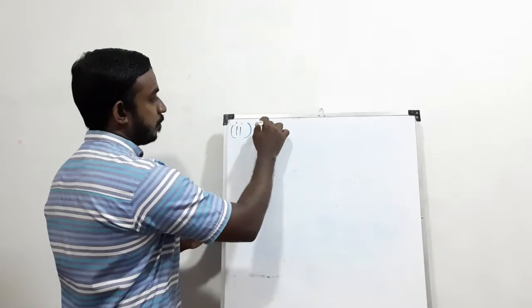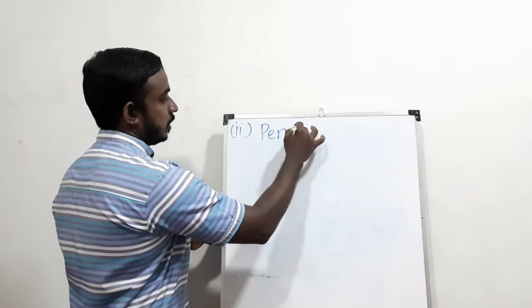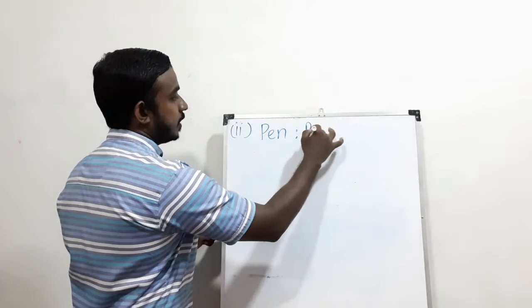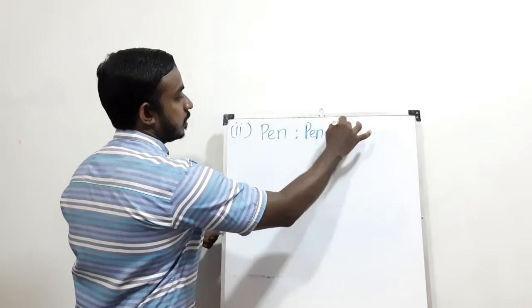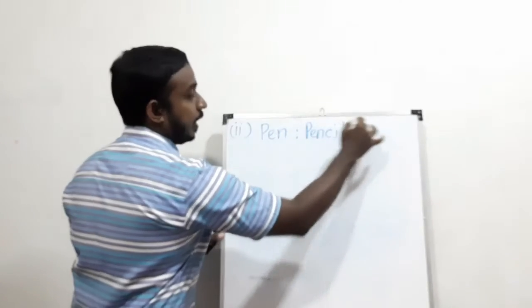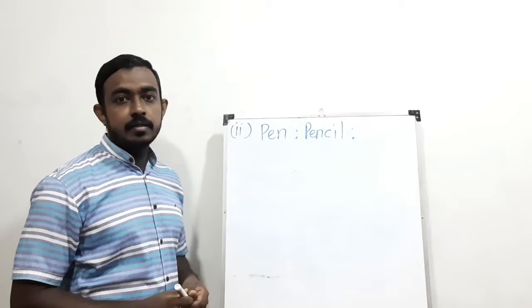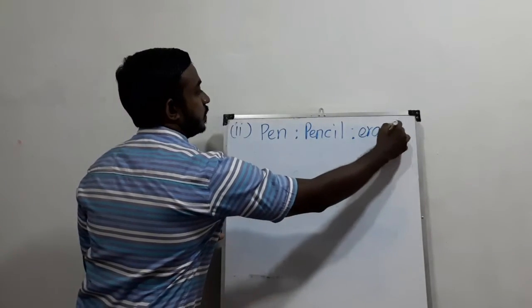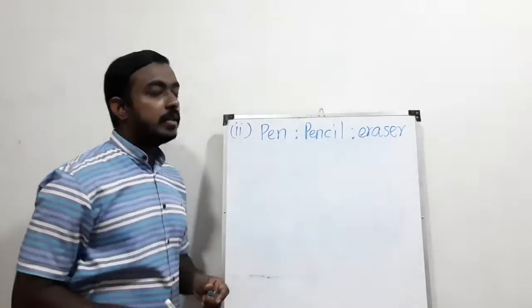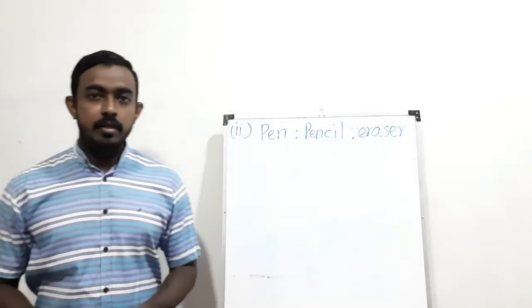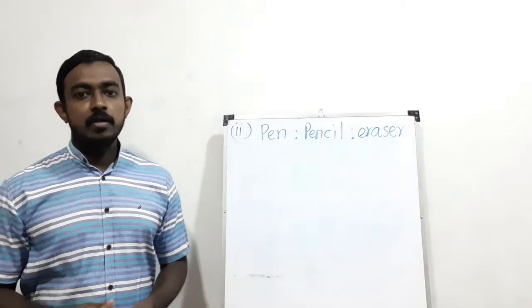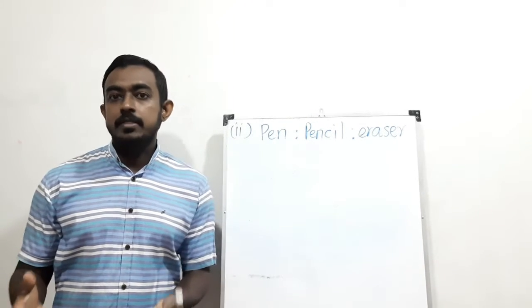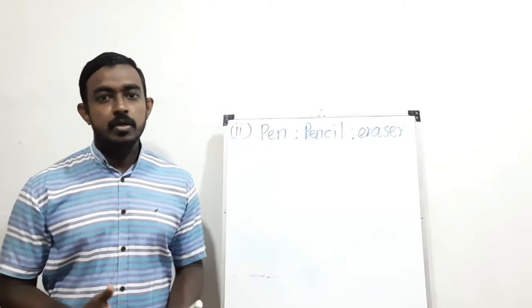Here first one is pen, then we can write the ratio mark and pencil, and an eraser. So we can write their names above and write their amounts below. Here all they are in rupees, therefore we can write them in a ratio.